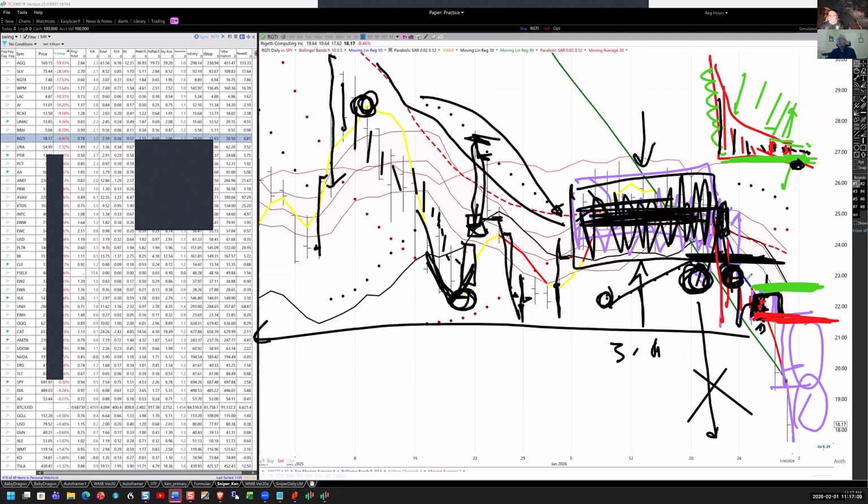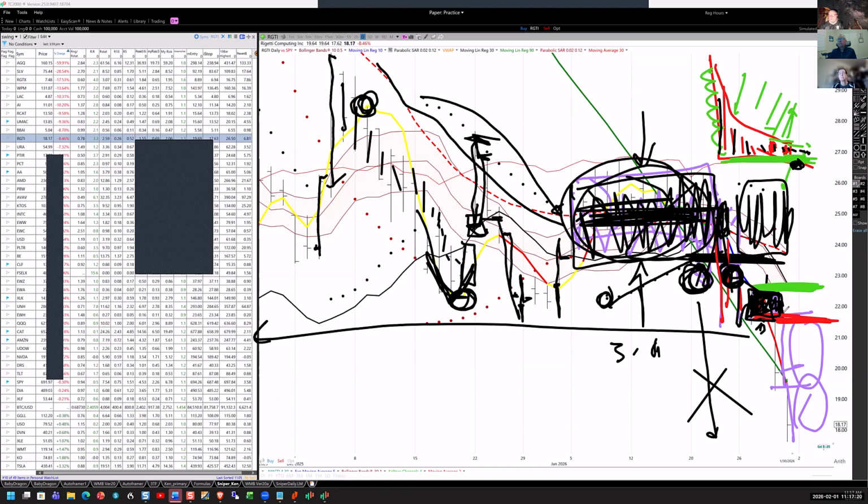And now this consolidation is happening outside of the previous consolidation. So if I were to diagram it, it's a consolidation, fake, 1, 2, 3, and now it's consolidating here.